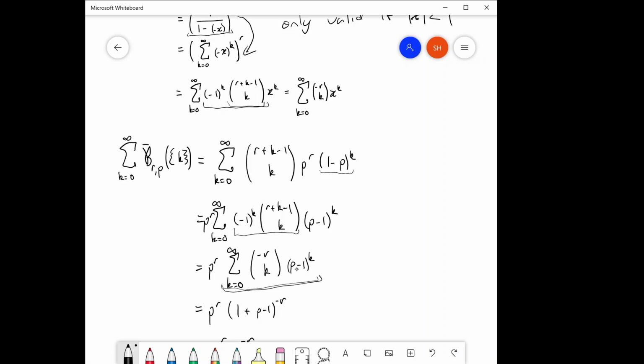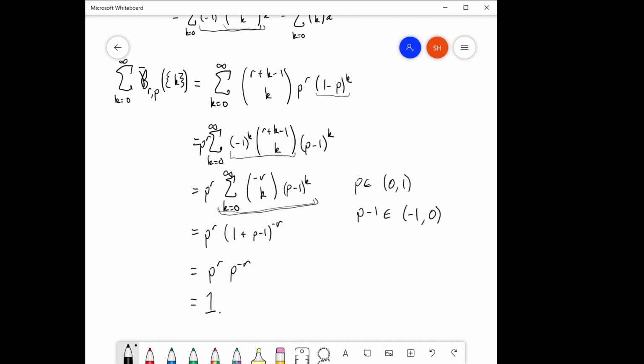The reason why is that p is strictly between 0 and 1. So p minus 1 is between minus 1 and 0, excluding the boundary. So yeah, the absolute value of p minus 1 is less than 1. Okay, so that validates our computation here.